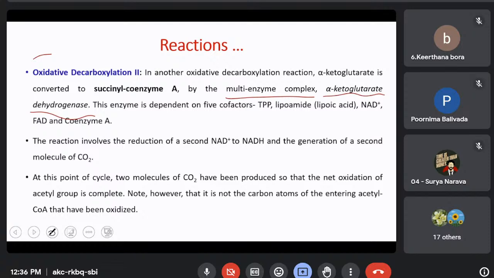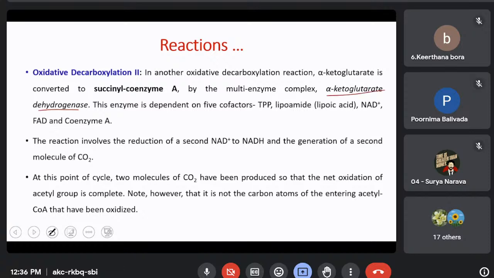Remember, wherever there is an oxidation reaction, the enzyme is always a dehydrogenase. Because it removes hydrogen, we say that it is oxidized. When hydrogen is added, we say that it is reduced. Here, from this, hydrogen is removed, hence it is called an oxidation reaction. And this requires an enzyme called alpha ketoglutarate dehydrogenase.